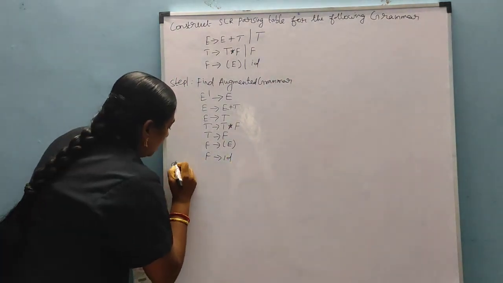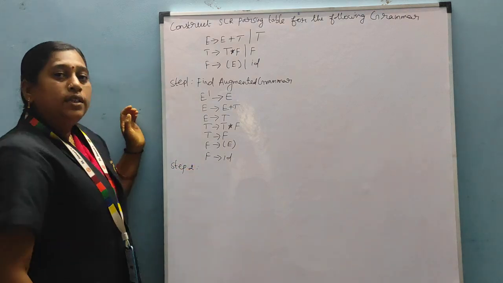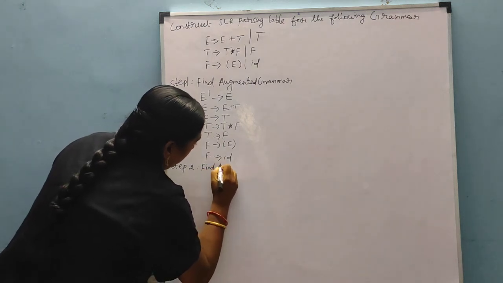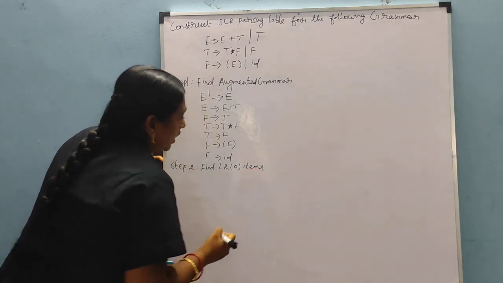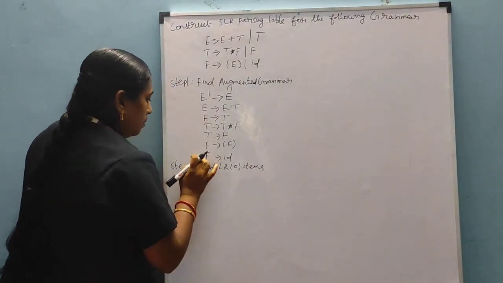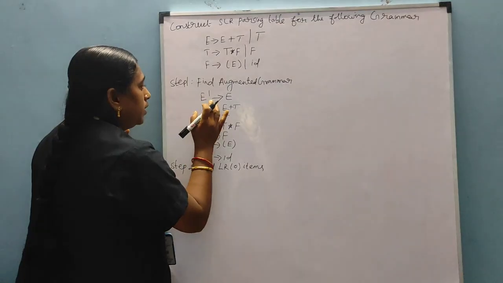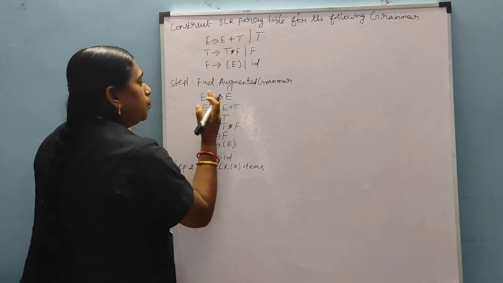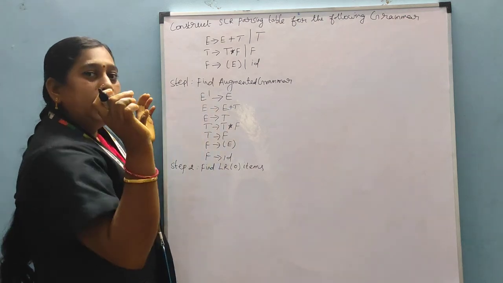After that, step 2, we have to find the LR0 items. LR0 item in the sense, in that grammar, each production. See, for example, in our first production, E dash tends to E. Here, for the right side of the production, at the beginning, we have to mark a dot.